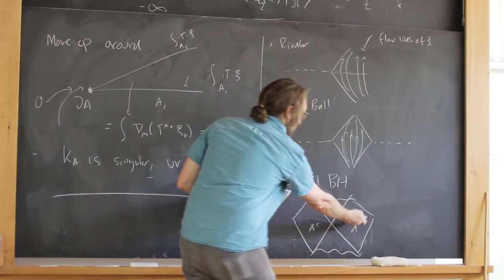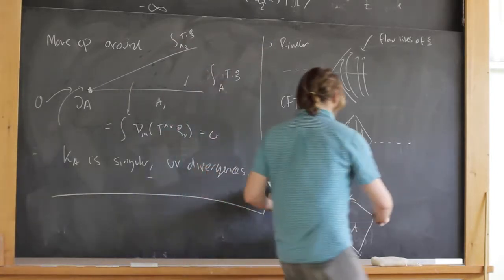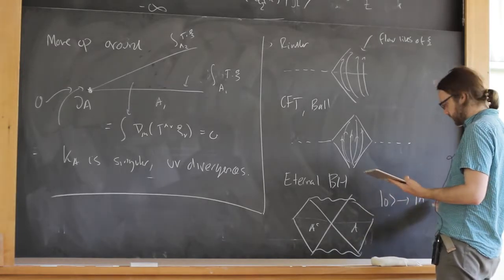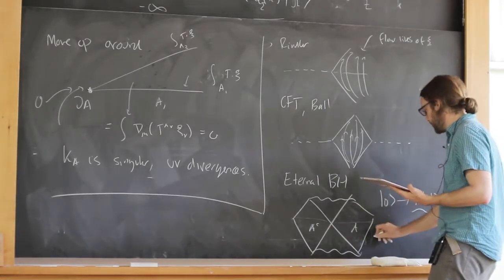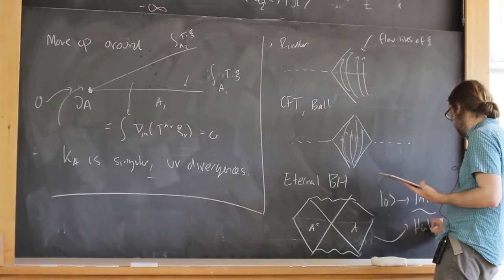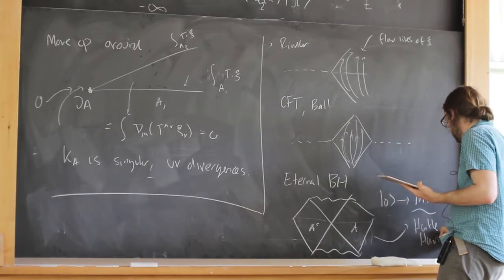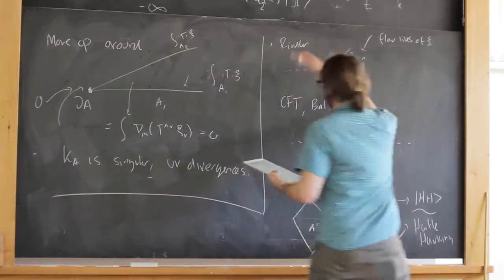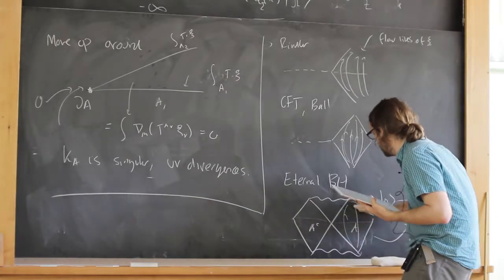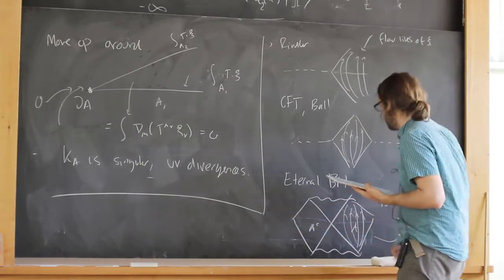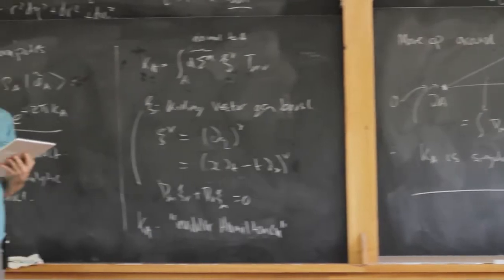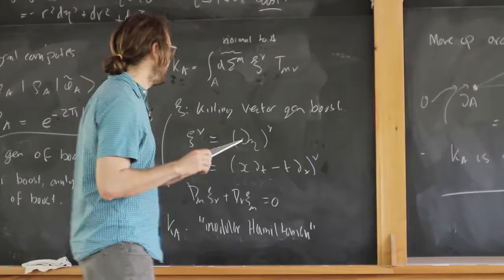Then I can also write the reduced density matrix for this, as long as I pick, instead of the vacuum, the Hartle-Hawking state in the black hole background. Then I can tell you what the reduced density matrix is for this region. And of course, it's again the same form, where the flow lines look like this. Any questions about that so far?